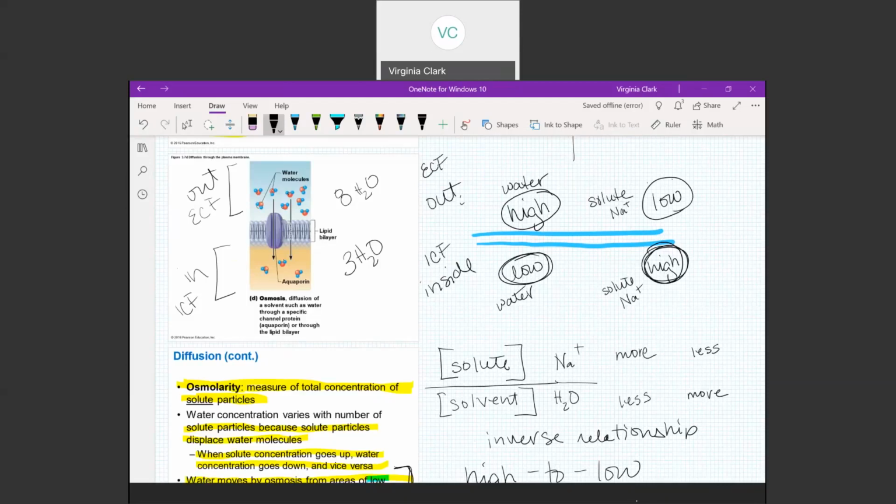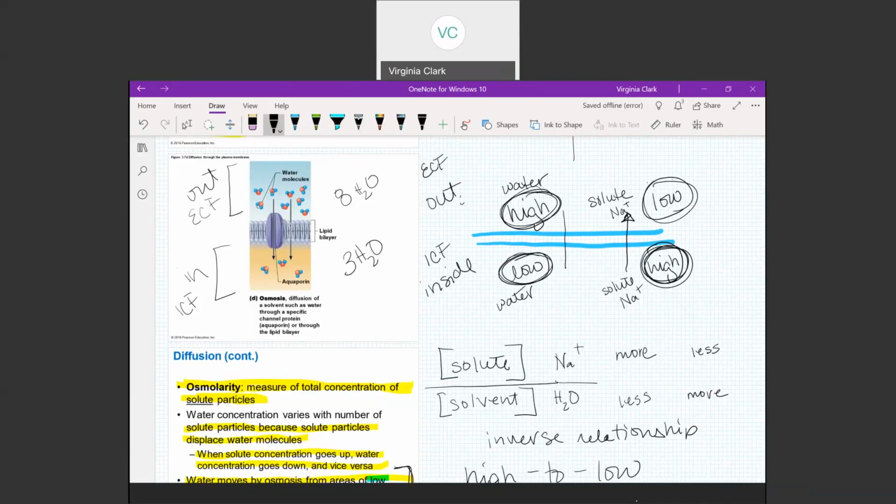What's important is that things are moving across the plasma membrane, and they are moving from an area of high to low. So if you have a lot of solute that you need to even out, the solute will move across the plasma membrane from high to low. But the solvent will also move across the plasma membrane from high to low.